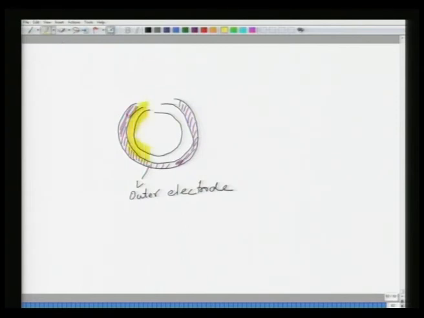So, this will be your electrolyte, and then inside you have another layer. This yellow thing is your electrolyte, and this inside thing is your inner electrode.